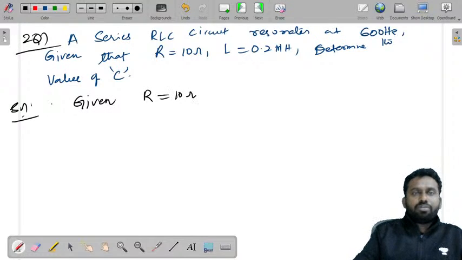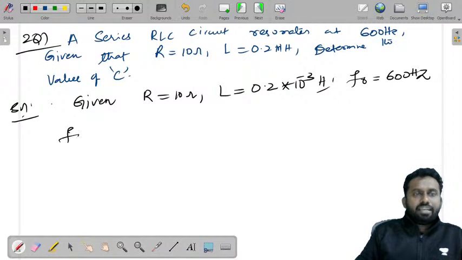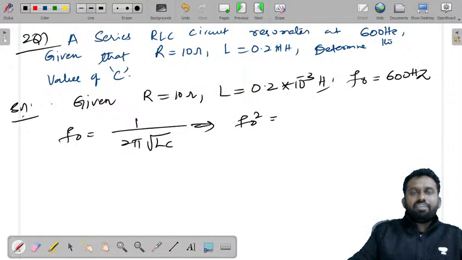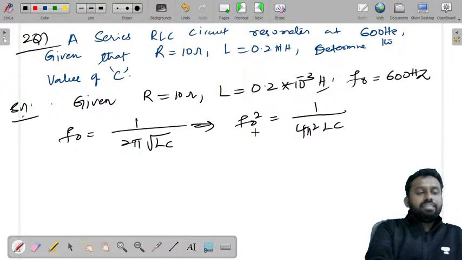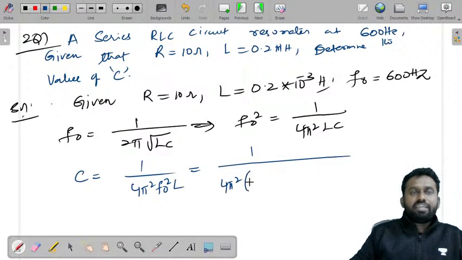So let's write what is given to us first. Given R is equal to 10 ohms, L is equal to 0.2 into 10 power minus 3 Henry, and F naught is given as 600 Hertz. So can we write F naught is equal to 1 by 2 pi root LC, implies F naught square is equal to 1 by 4 pi square LC, or you can write C is equal to 1 by 4 pi square F naught square L, 1 by 4 pi square 600 square into L, 0.2 into 10 power minus 3.